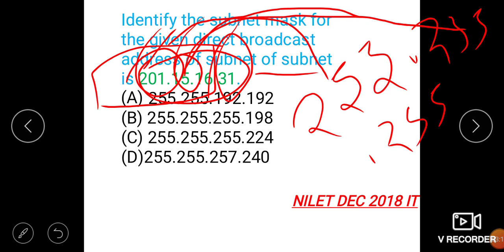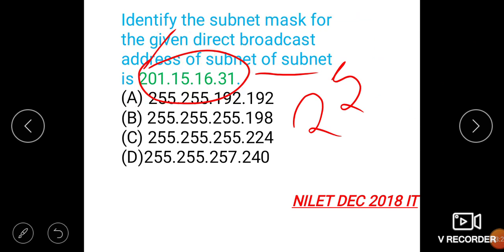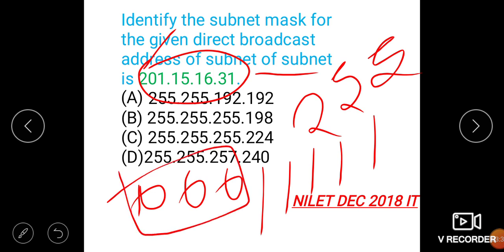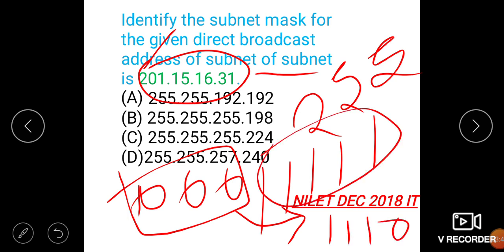Here three 0s are there. To get the subnet mask we have to convert the 0s into 1s, and all the 1s into 0s.